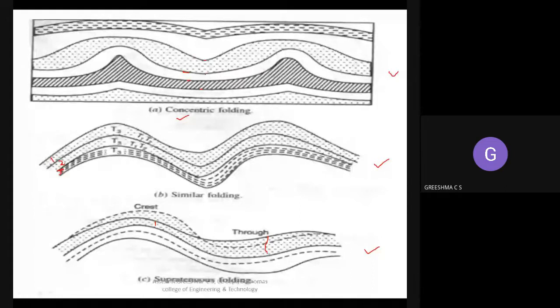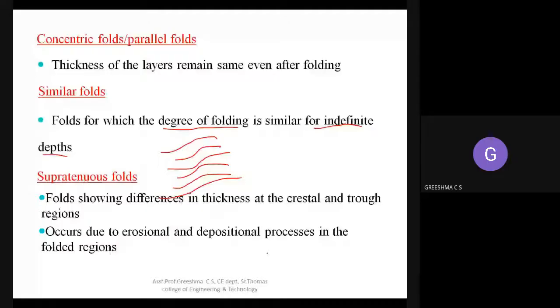If you consider the crest portion and the trough portion, the thickness will be different. So that is superficial folds. This is mainly occurring due to the erosion and deposition of the sediments. A superficial fold is a fold having a different thickness in the crest portion and trough portion. So that is superficial folding. That is based on the depth.